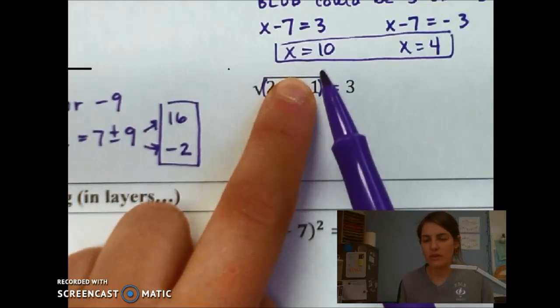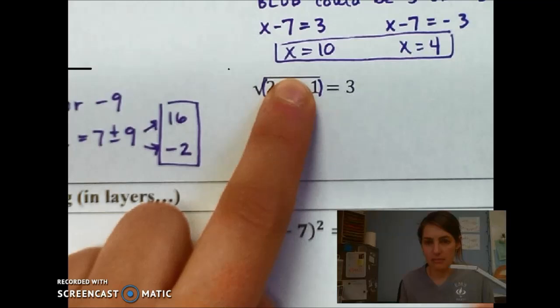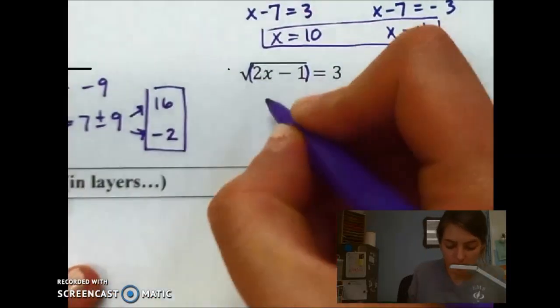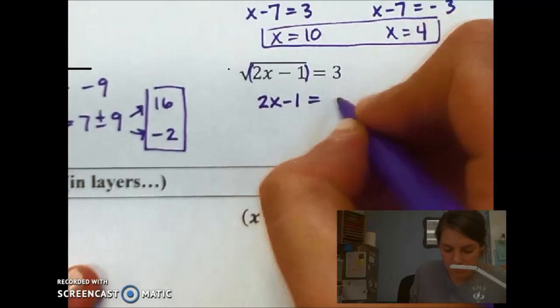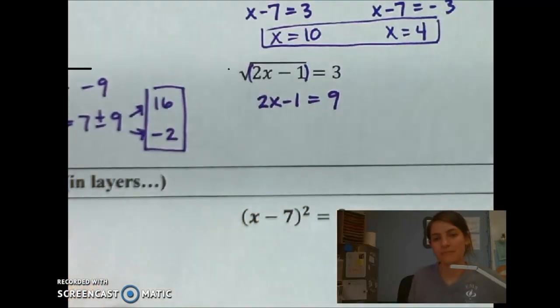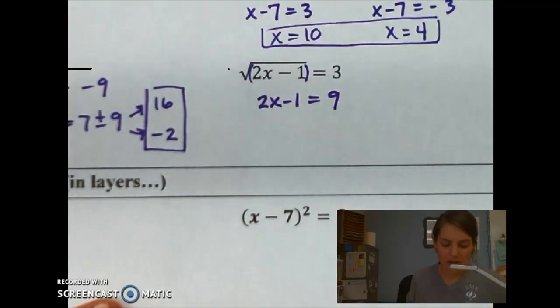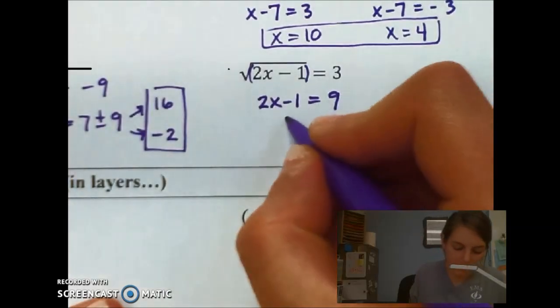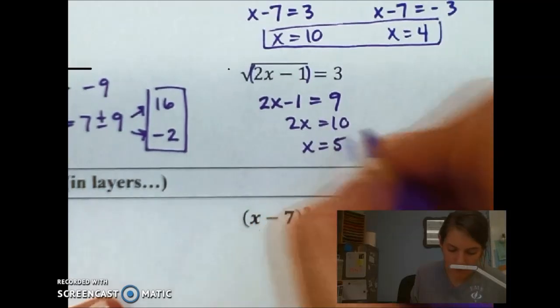So we're taking the square root of blub and getting 3, which means that blub had to equal 9, so that the square root of it would be 3. So our blub was 2x minus 1, so 2x minus 1 was equal to 9. And then we can continue to solve that simple little equation for x. So 2x equals 10, so x equals 5.